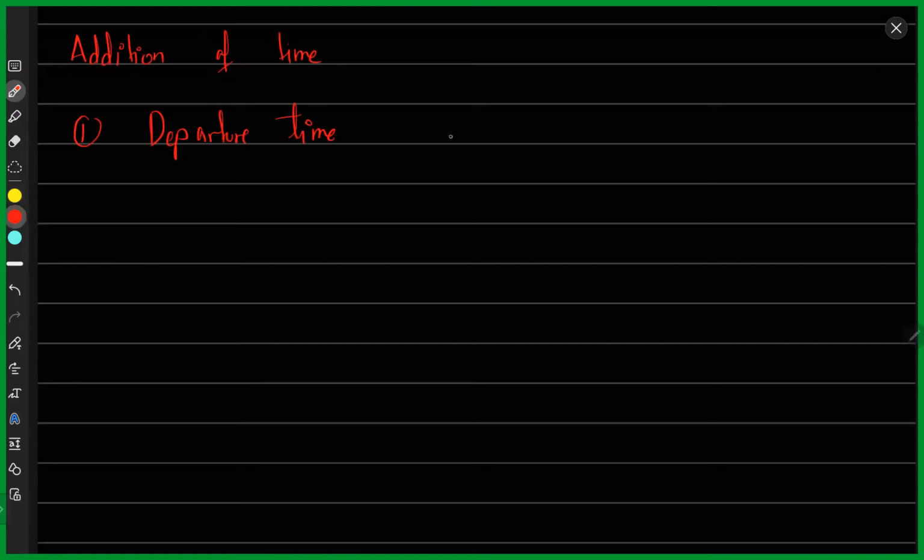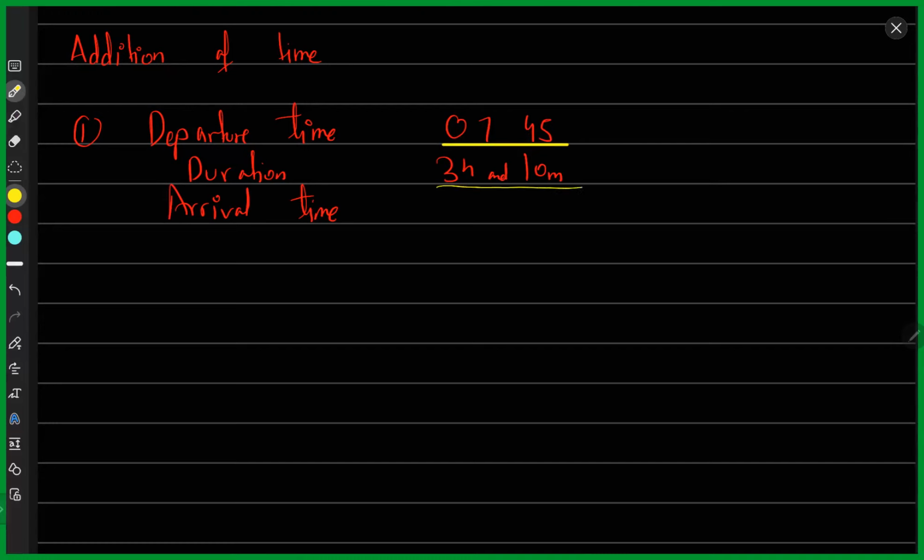The departure time is 0745. The flight duration is 3 hours and 10 minutes. What is going to be the arrival time? Okay, so this is what we need to understand. This obviously is the 24-hour clock. This is basically the duration.